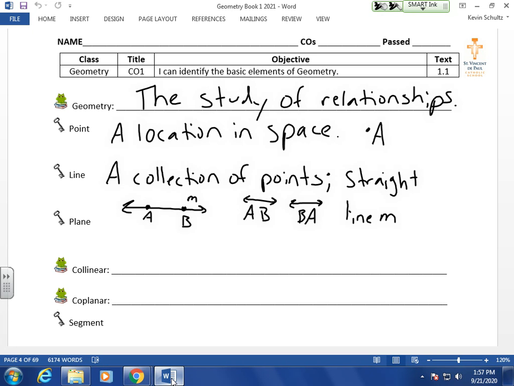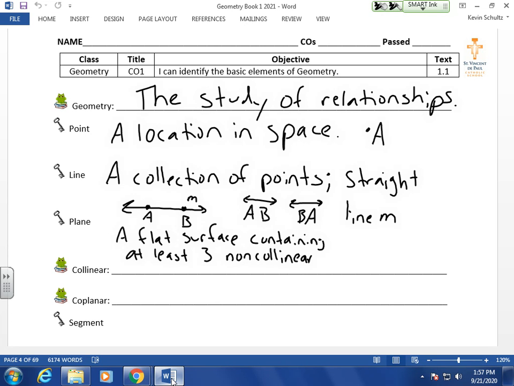All right. A plane is a flat surface containing at least 3 non-collinear points.